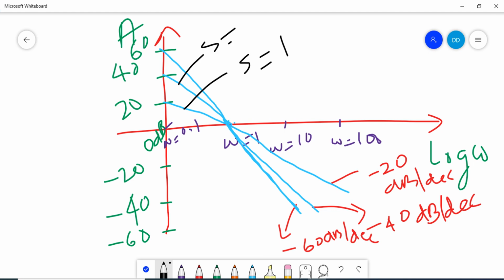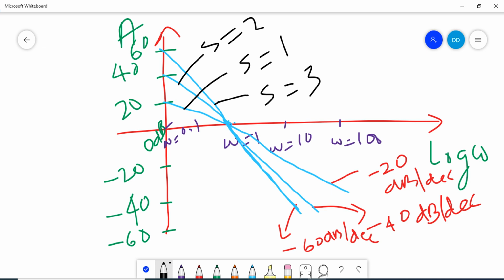A minus 40 line corresponds to two poles at the origin. A minus 60 line corresponds to three poles at the origin. So depending upon the number of poles at the origin, our magnitude plot will have a straight line of slope minus 20n, where n is the number of poles at the origin.